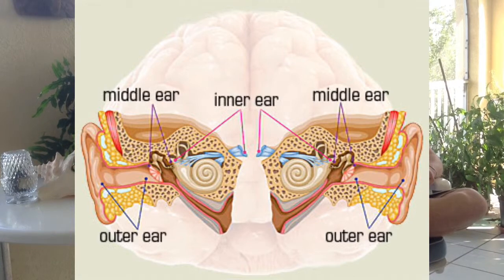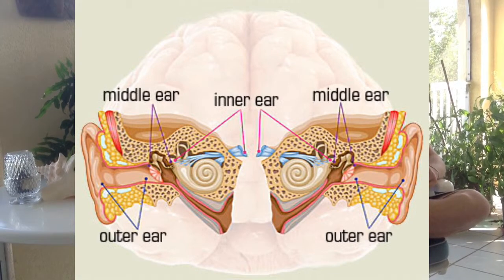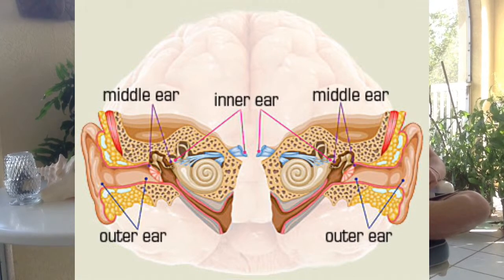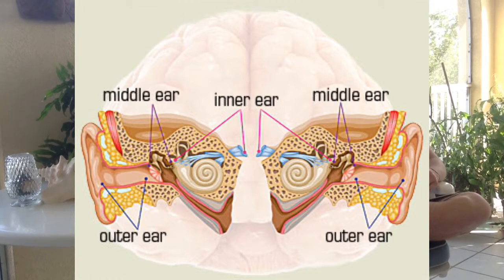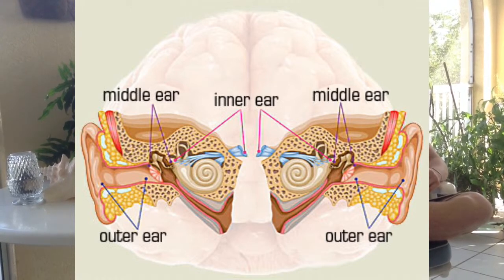According to Myers' Psychology for AP, sound waves first enter your ear and vibrate the eardrum, causing your three ear bones, the hammer, the anvil, and the stirrup, to transmit the vibrations to the cochlea via the oval window.